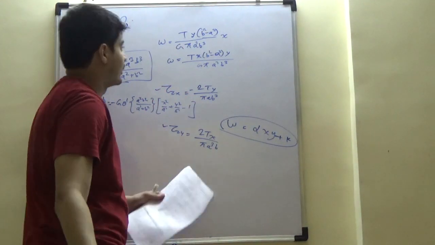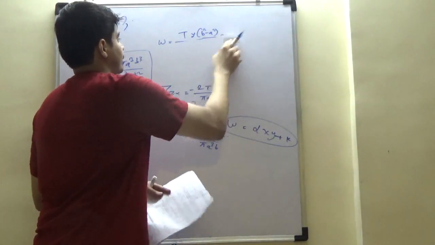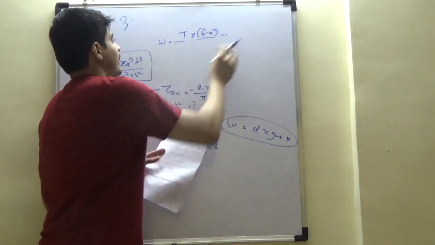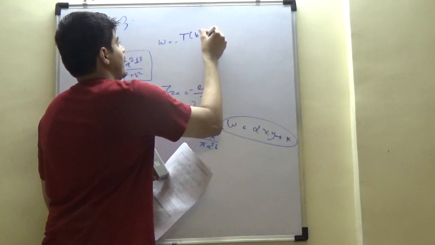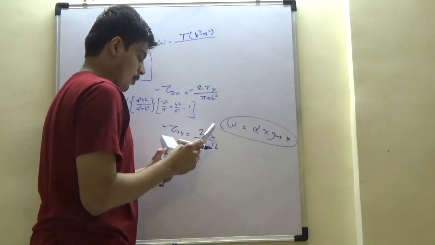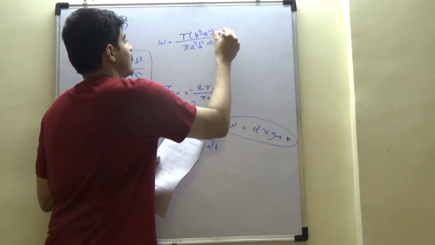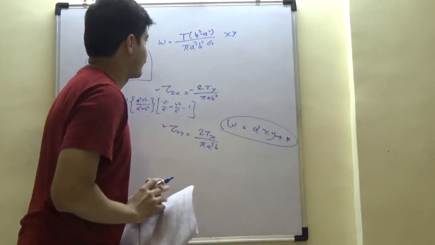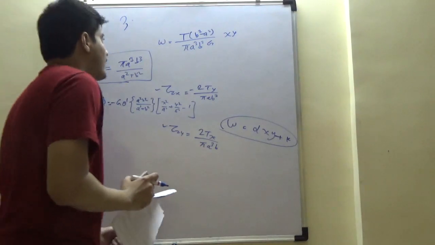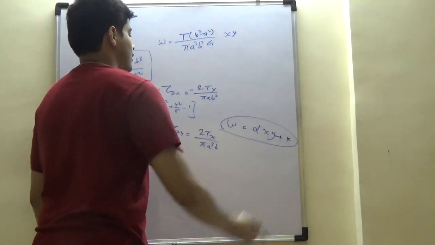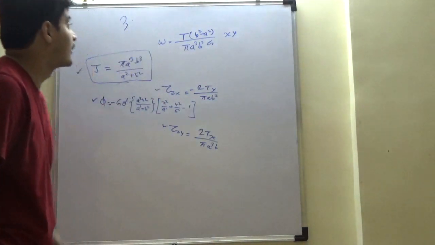So w is nothing but t times b square minus a square upon pi a cube b cube g times xy. That's it. So that when x is equal to y equal to 0, w becomes 0. So the warping function is also solved.